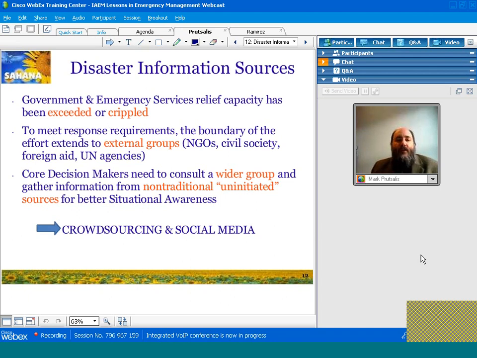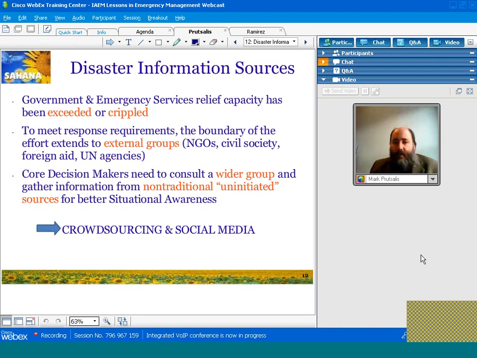All of a sudden, information is being gathered from non-traditional or uninitiated sources, and that is part of the trend towards increasing the use of crowdsourcing and social media for providing better situational awareness about disasters and decision making.